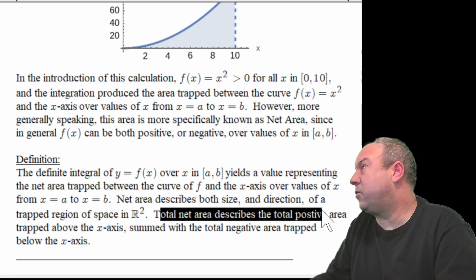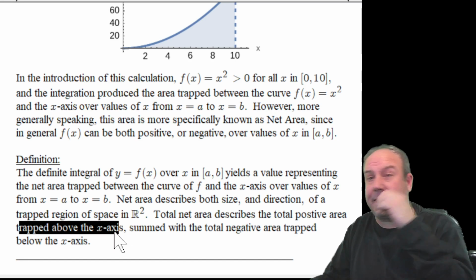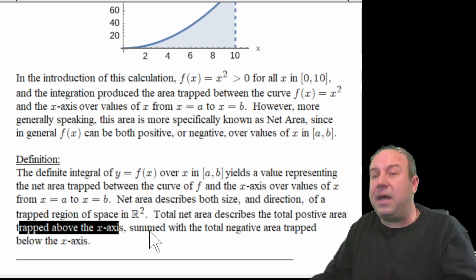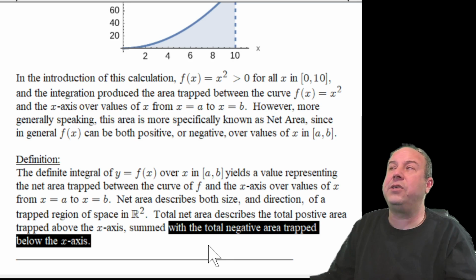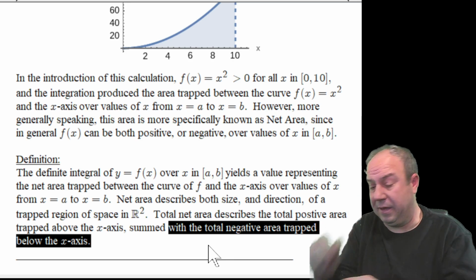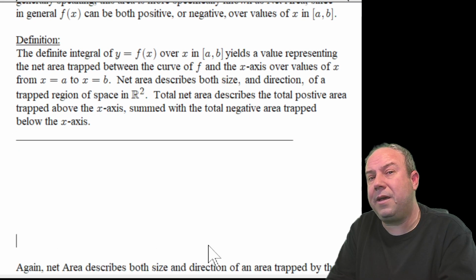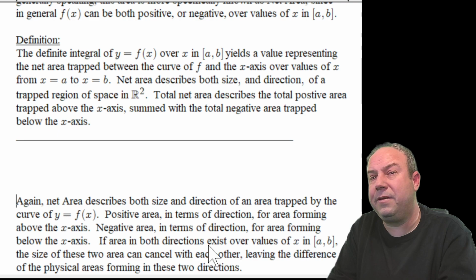Total net area describes the total positive area trapped above the x-axis, summed with the total negative area trapped below. All right. I again reiterate that.